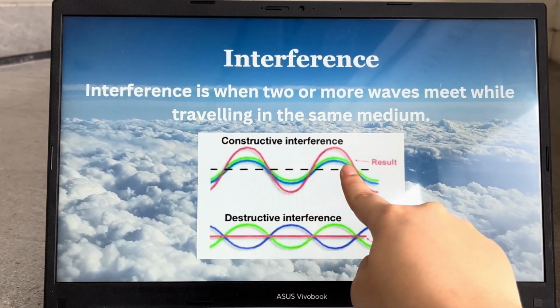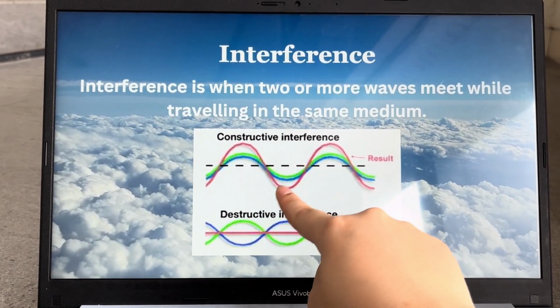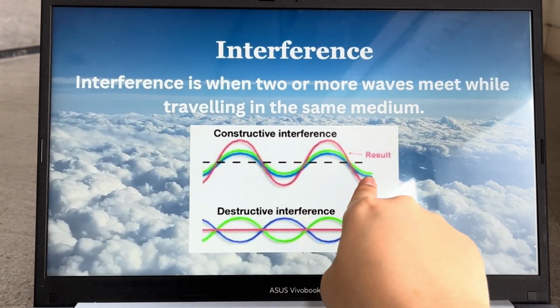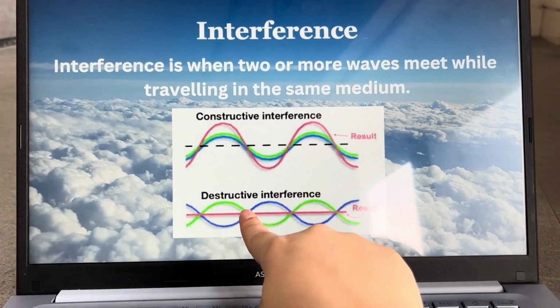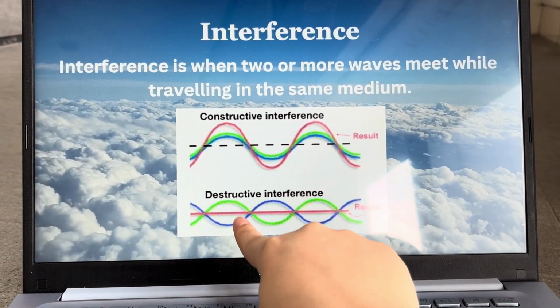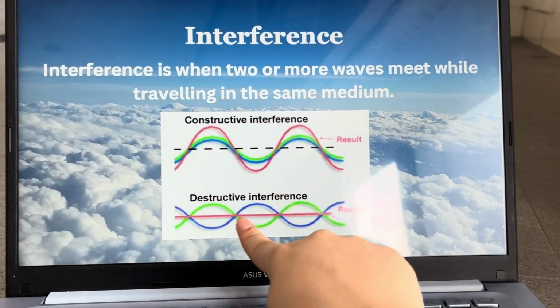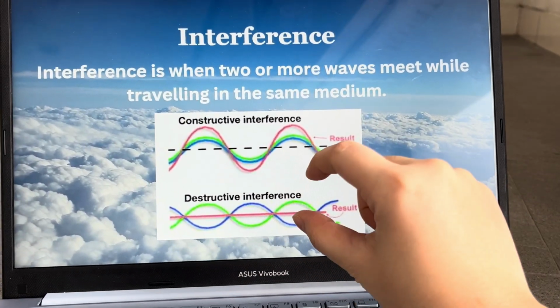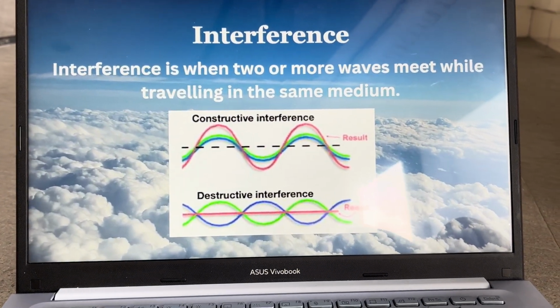They're traveling in the same medium, and when they meet, they will construct and become a bigger wave. As you can see, it's the red one. While destructive is when these green and blue waves meet and destruct each other, so they cancel out, and it becomes a straight line because the wave is now not present. I mean, it's just canceled.